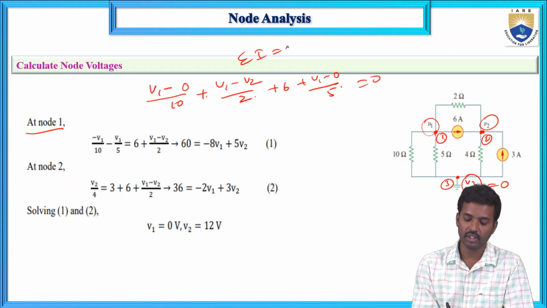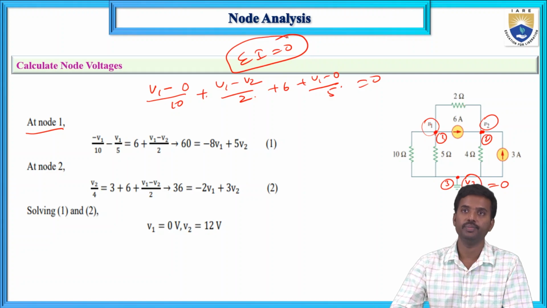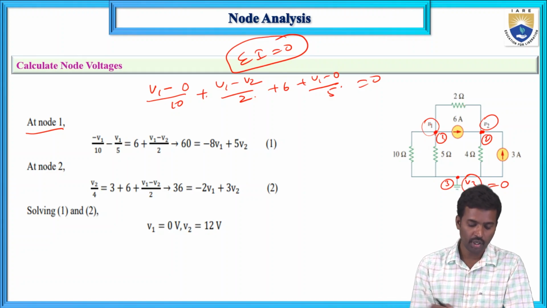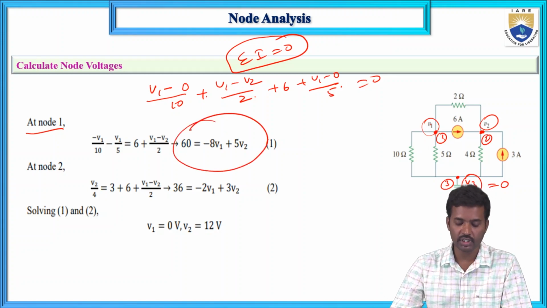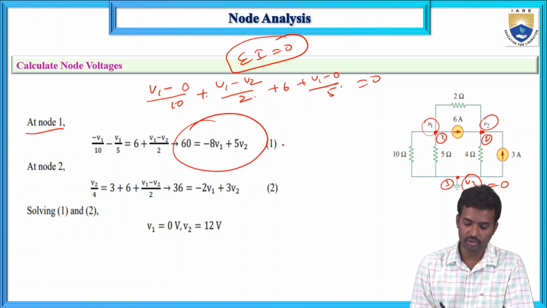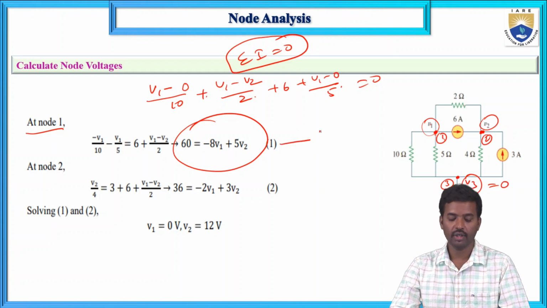Algebraic sum of currents at a node equals 0. So now here minus V1 by 10 and minus V1 by 5, and next here 6 is the same, and V1 minus V2. So now the simplified equation is 60 minus 8V2 plus 5I2 equals, that is equation number 1.